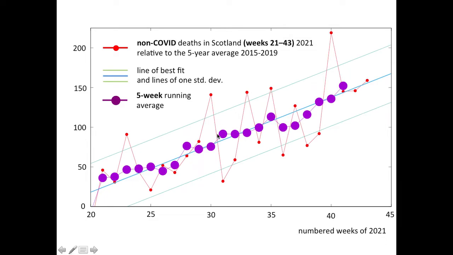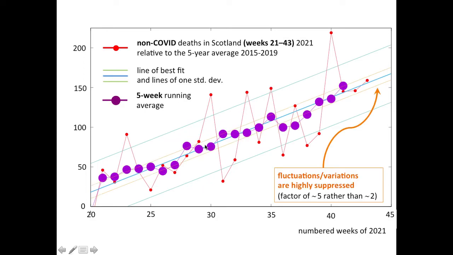We can measure the standard deviation of this running average curve, and what we find is that it's quite tightly constrained about the best line fit, and the variation is suppressed by about a factor of 5 if you compare this best line fit to the 5-week running average variation compared to the original data. It's about a factor of 5.